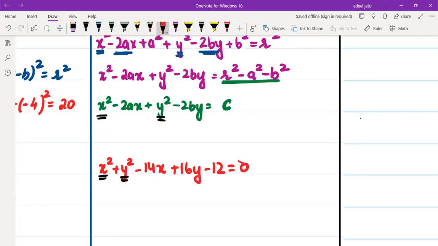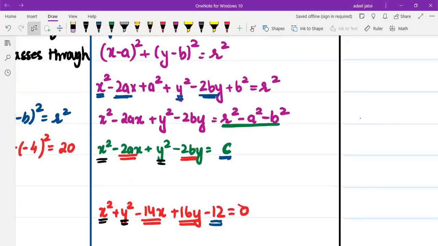That means your -2ax can be compared to -14x, and your -2by can be compared to 16y, which clearly identifies that C is basically your -12. But what C actually signifies is r² - a² - b². That means C equals -12, but C is also equal to r² - a² - b². So whenever the question is given in such a way, we will have to use the comparison method.